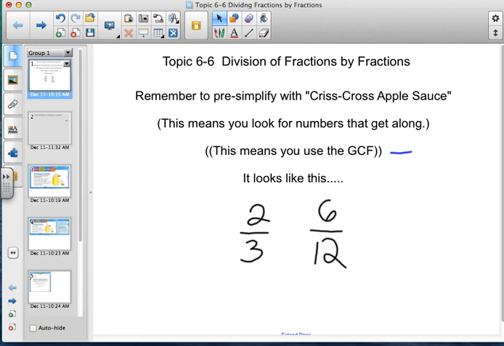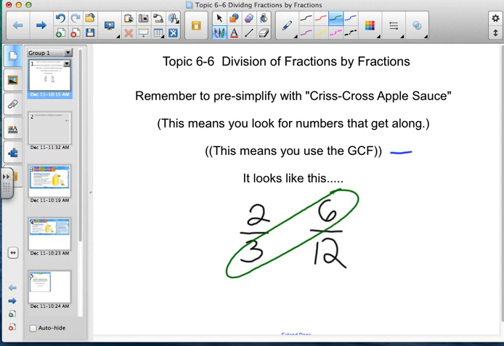Ben? 3 and 6. Yep, 3 and 6 definitely work, don't they? The greatest common factor for 3 and 6 is what? 3. Very good, Abram. So we would then divide 6 by 3 and replace 6 to make it 2. We divide 3 by 3 and we replace it with 1.